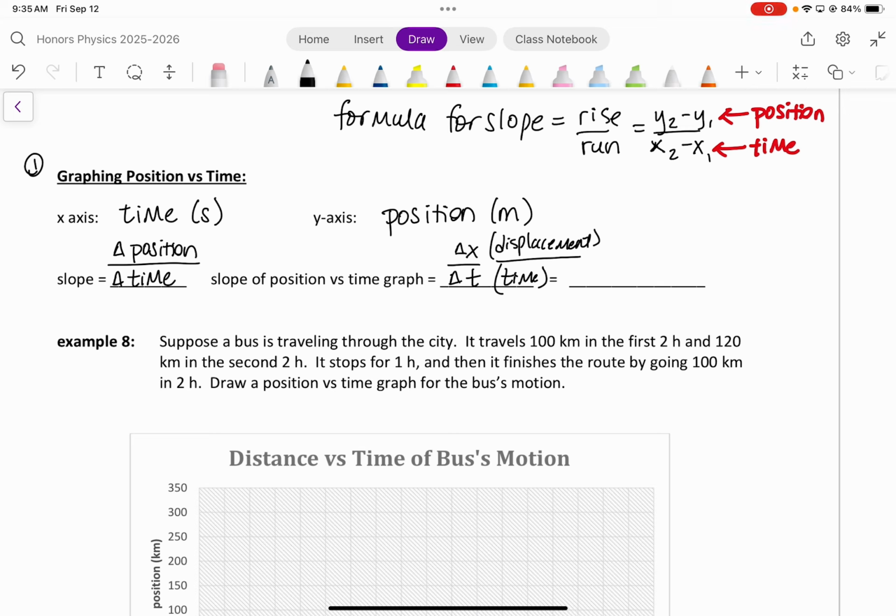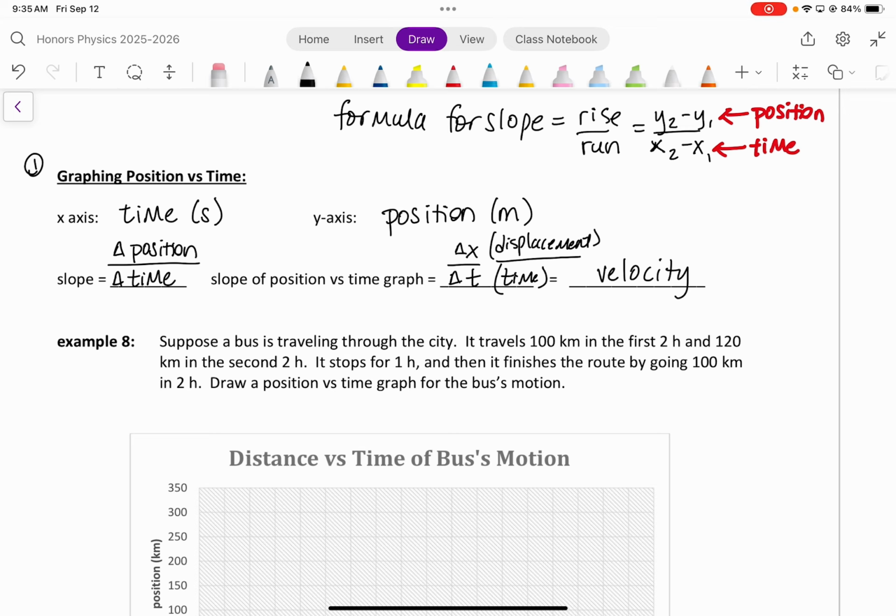Which one is that? Average velocity. So for right now, we're going to talk in a second about average velocity and instantaneous velocity, and that'll make more sense in a few minutes. But when I graph position versus time, the slope of my line, if it is a straight line, is going to be equal to my velocity.